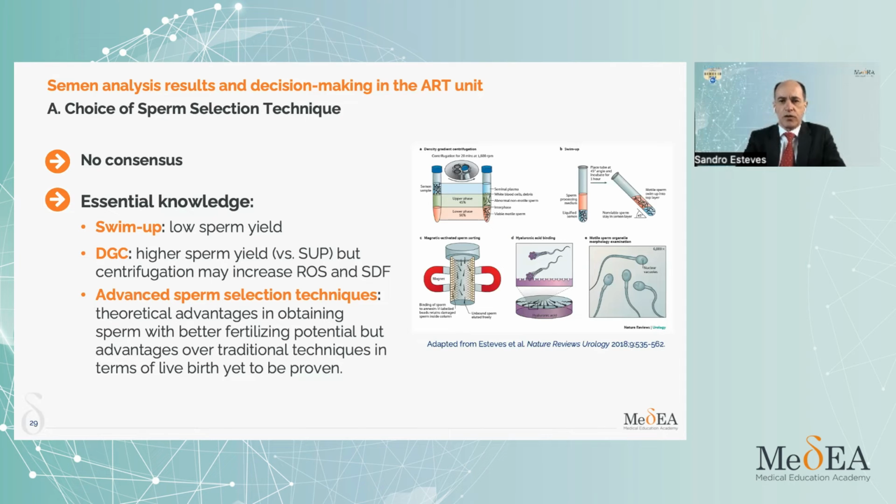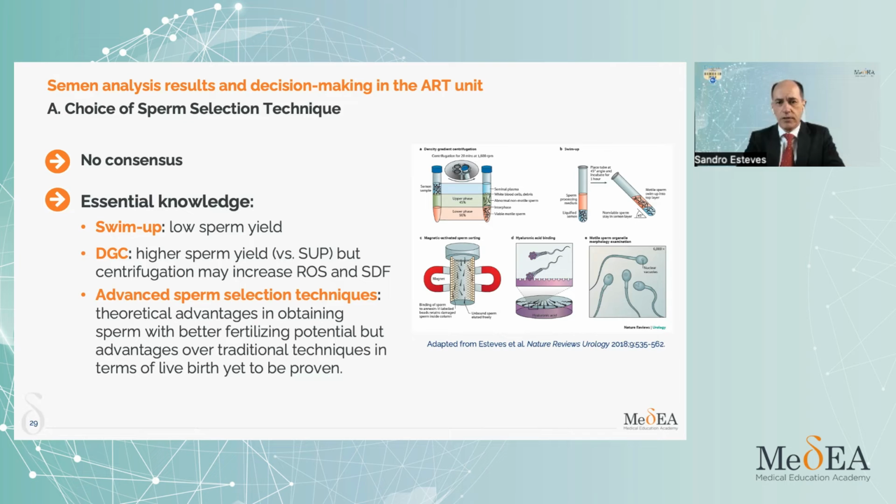Concerning the usefulness of semen analysis results for the choice of sperm selection techniques, we need to acknowledge that there is no consensus. What is essential to know is that traditional sperm selection techniques are not ideal for selecting sperm fractions with optimal DNA integrity and functional characteristics.